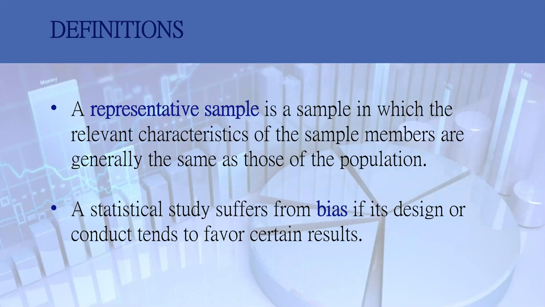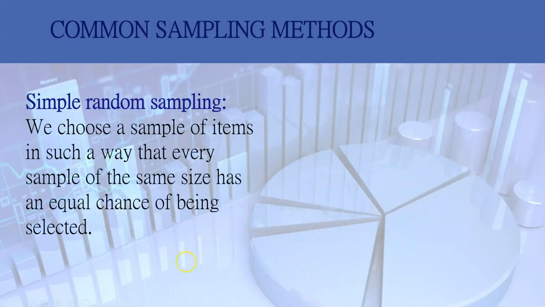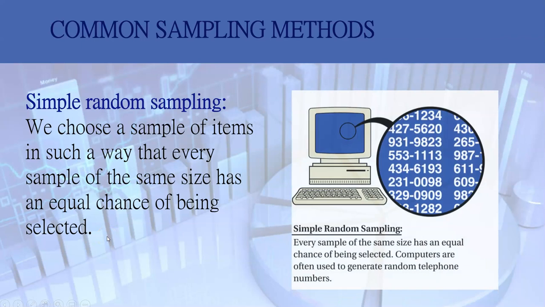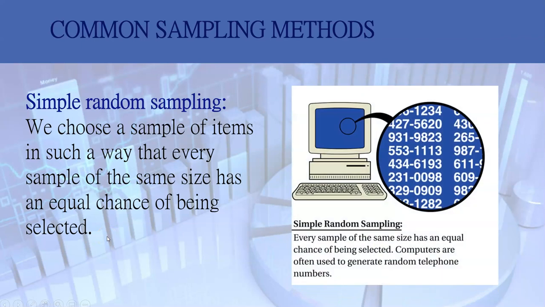Then it'll lead to bias, which means that it would favor certain results, and we don't want that in our statistical study. So some ways that we do this, one of the ways is called simple random sampling. This is usually done with computers, but the whole idea is that the sample is chosen randomly from the entire group.